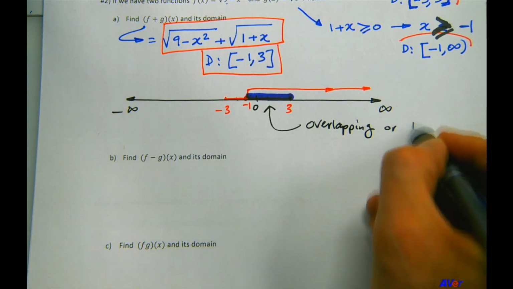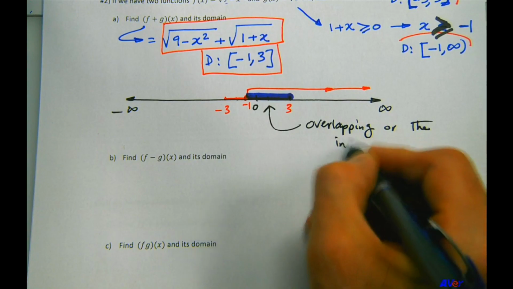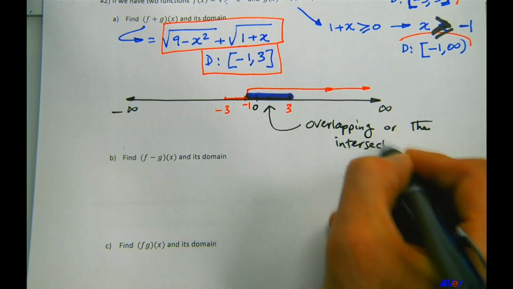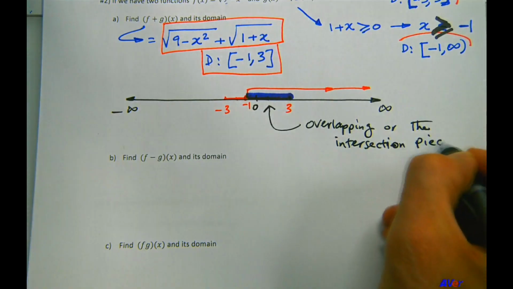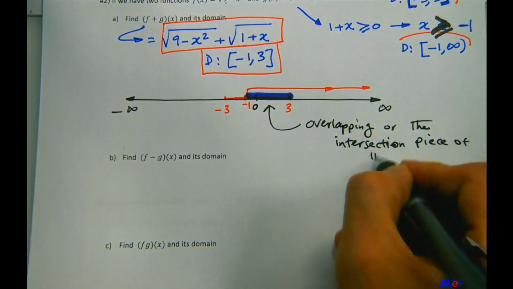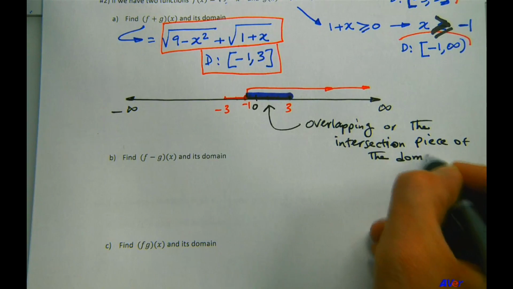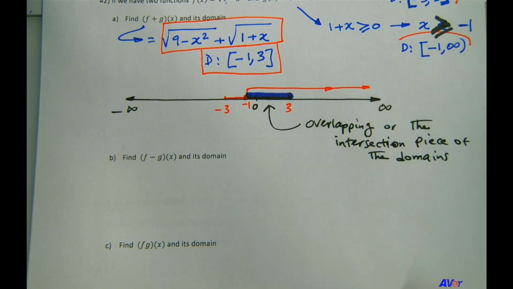Overlapping, or the intersection piece of the domains, both domains, right? That's the place they overlap. That's our domain for the combined function.